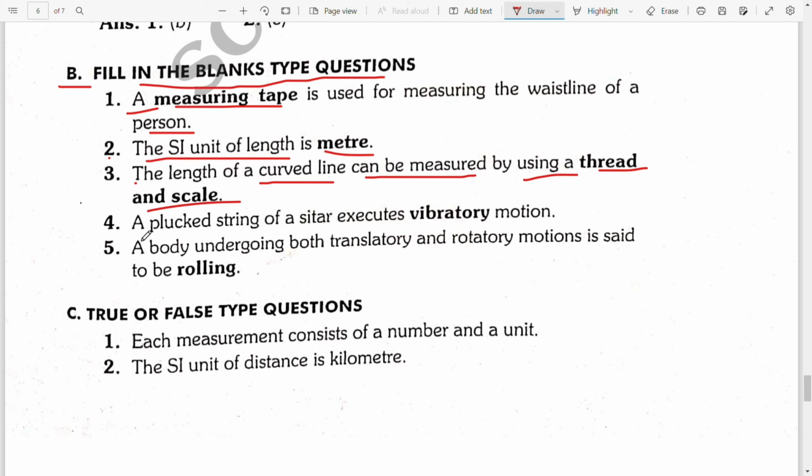Fourth, a plucking string of a sitar executes dash motion, vibratory motion, because vibrations produce sound. 5. A body undergoes both translatory and rotatory motion is said to be in rolling.